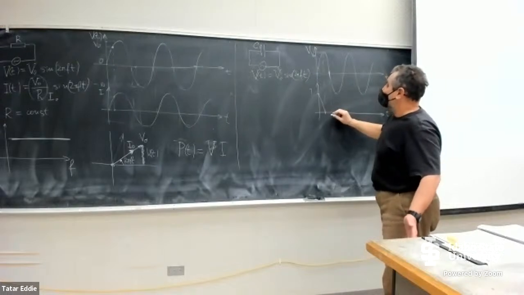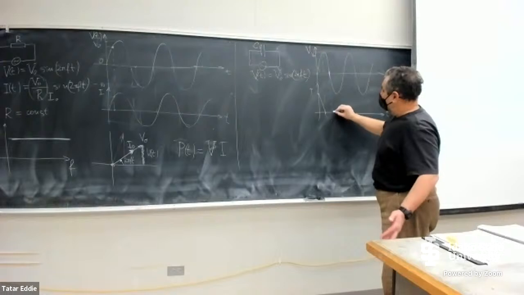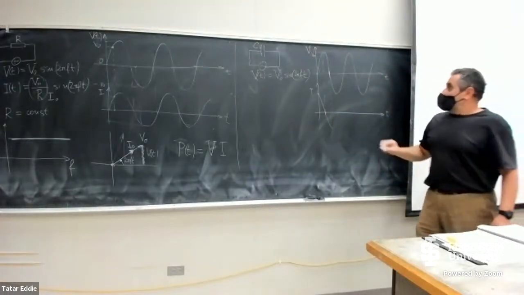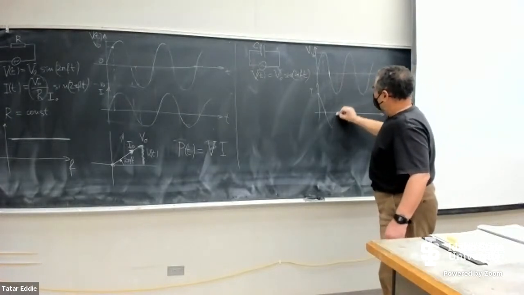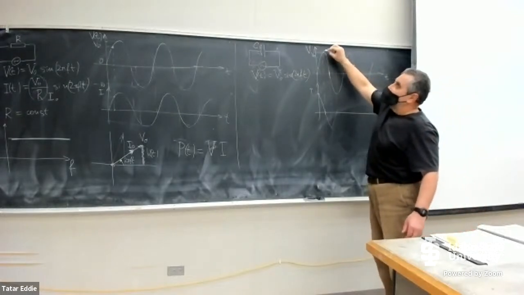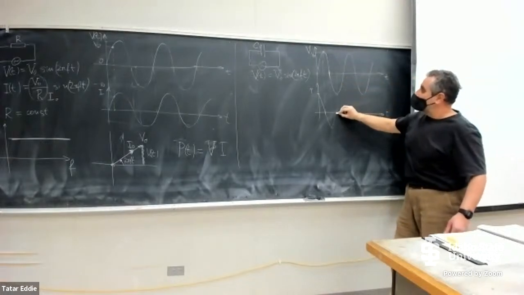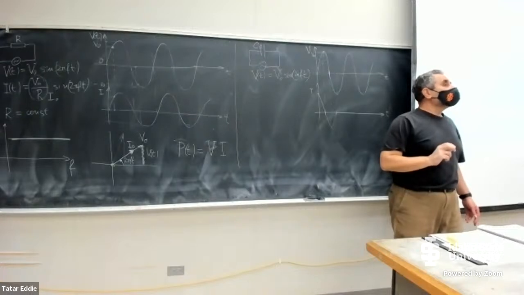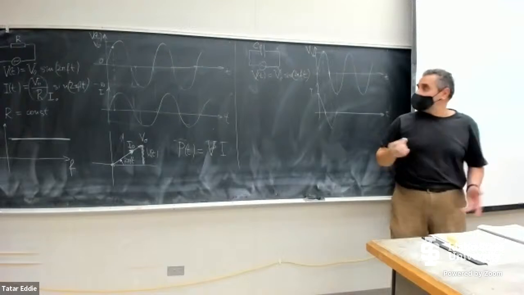And when you go to 0 voltage, you're going to have the highest current, in this case in the opposite direction, and so on. So in general, when the voltage has an extreme value, maximum or minimum, you're going to have zero current in your circuit, or close to zero.